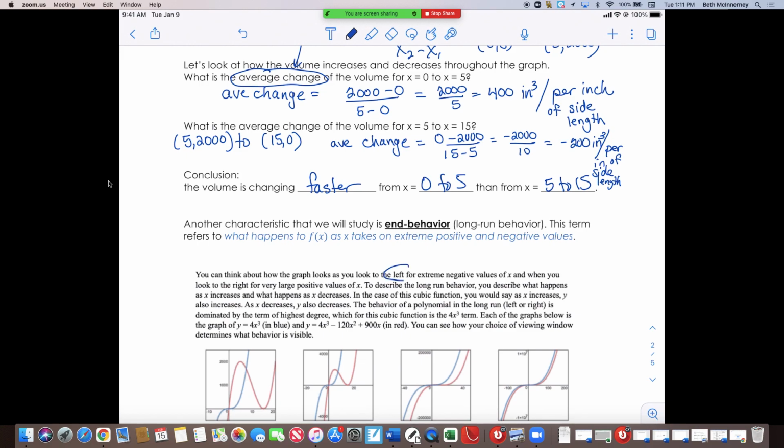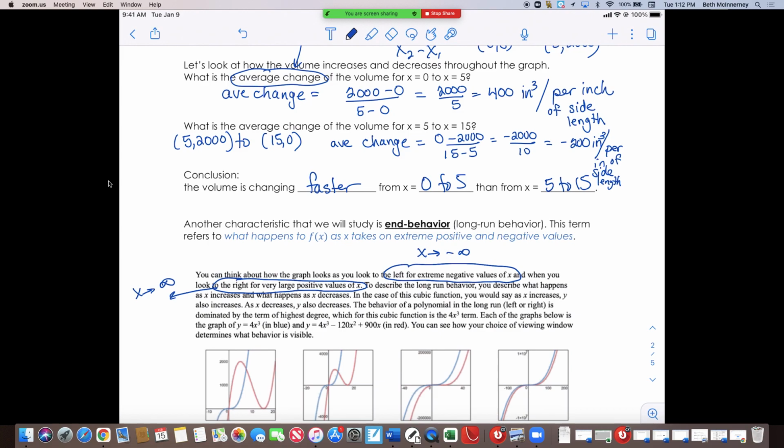So I want you to circle this and write x approaches negative infinity. And when you look to the right for very large positive values, this is x goes to positive infinity. You're describing where the graph goes when x is moving left and what happens to y when x moves to the right.